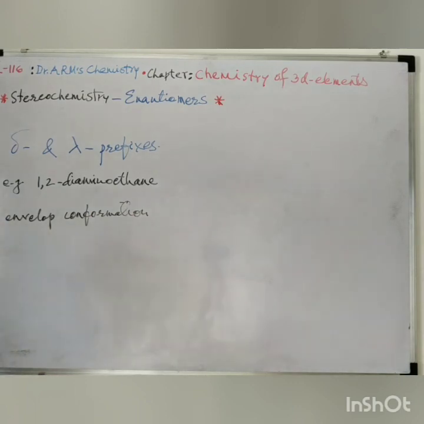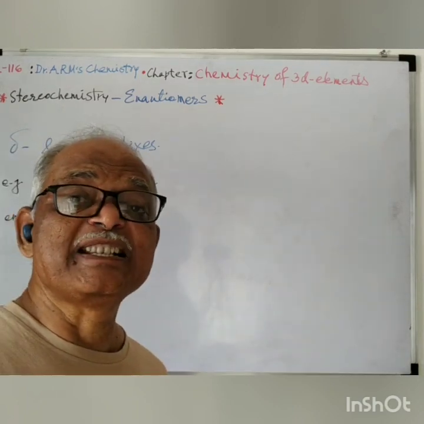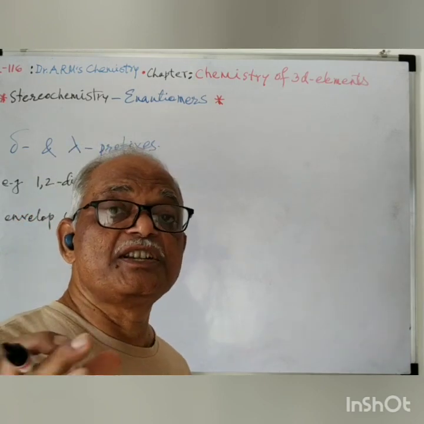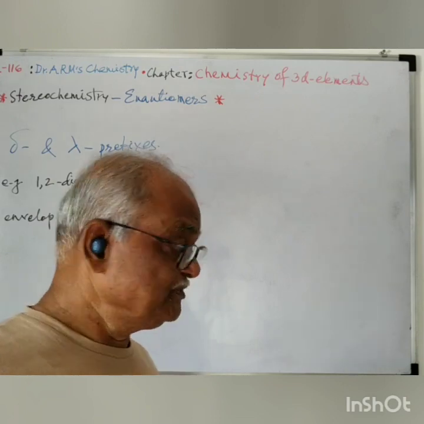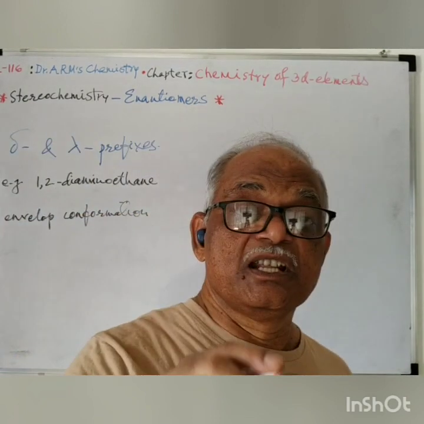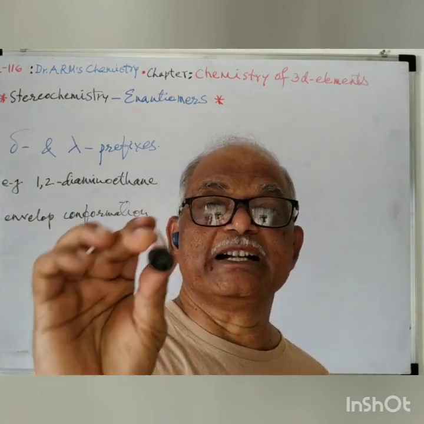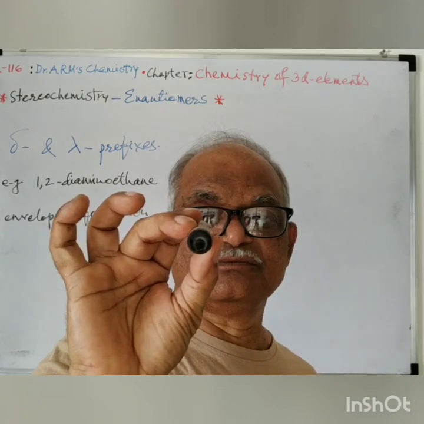Envelope type of conformation. This is most easily seen using the Newman's projection formula, and the structure is viewed in the direction of carbon-carbon bond. Here we will find that there are 2 carbon atoms, this is one carbon atom, this is another carbon atom. So we have to view this in this direction.